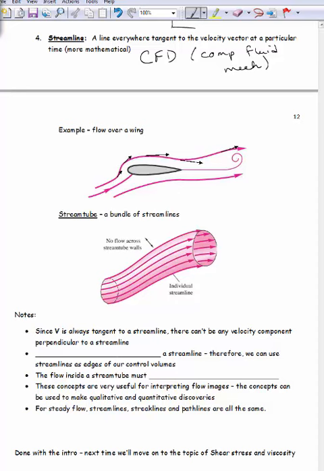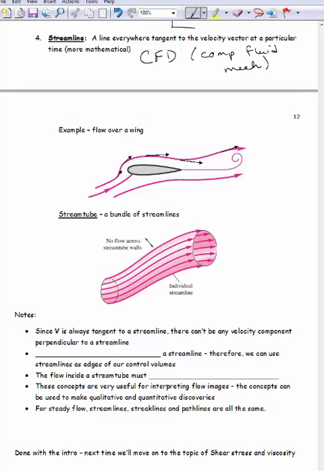So not only in CFD, but another thing that makes it useful is if it's tangent to the flow at every point, that means no flow is perpendicular to it, which means no flow can go across it, which means you can use it as an edge of a control volume as if it is a wall. Okay, because no flow is going to go through it. So then if you do mass in equals mass out, for instance, conservation of mass, you can just use that streamline like a wall. So that helps a lot with our external flow kind of problems.